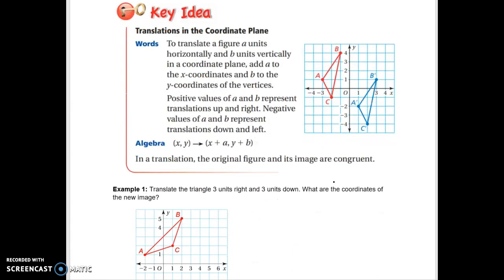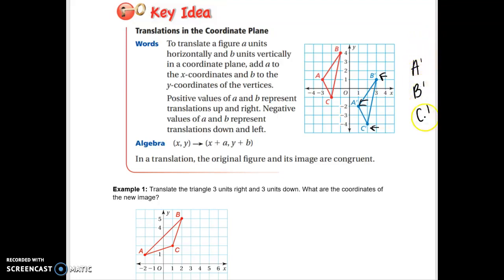And now that we know what a translation looks like, we're going to practice graphing them. So if you take a look up here, we started with ABC, and the new figure is A'B'C'. If you notice on the new figure, there are these little marks next to your A, B, and C. It looks like A1, B1, C1.